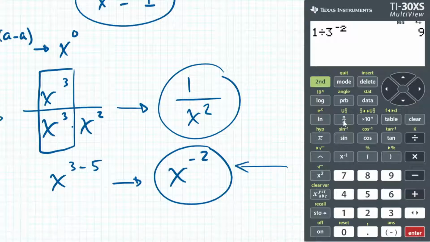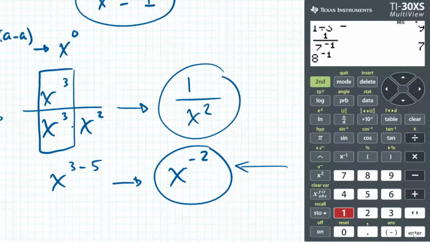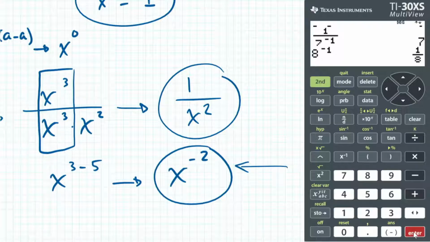I can make it look like a fraction too if I have 1 divided by 7 raised to the negative first. If I've got a negative exponent in my denominator, that becomes just plain old 7. If I have 8 raised to the negative first, this is the thing we were most concerned with: 8 raised to the negative 1 power. It's not negative 8, it's the fraction 1/8.